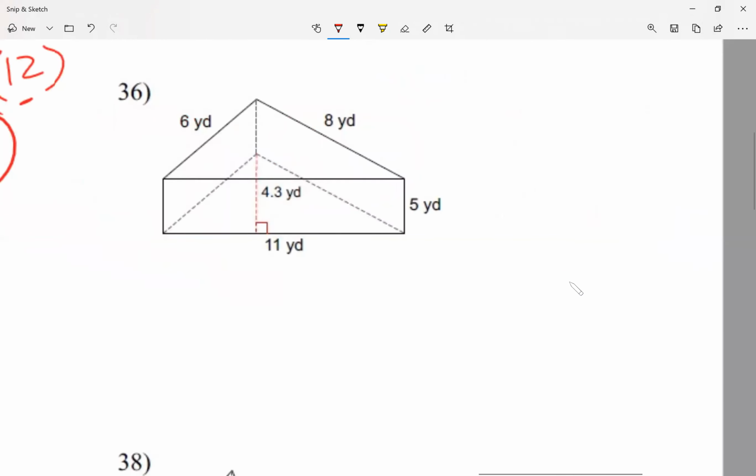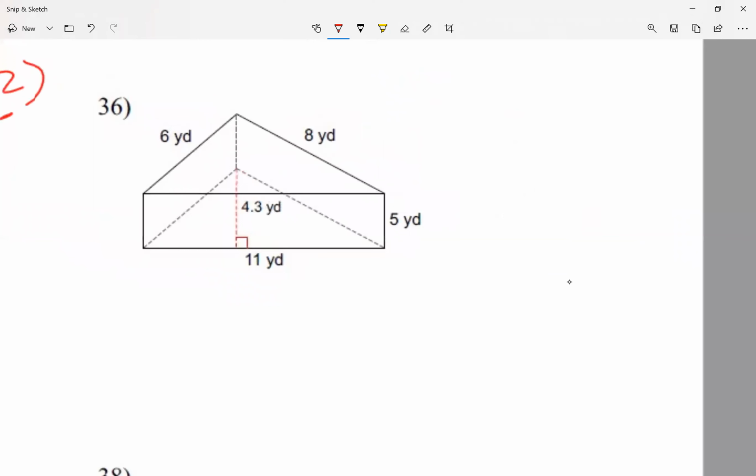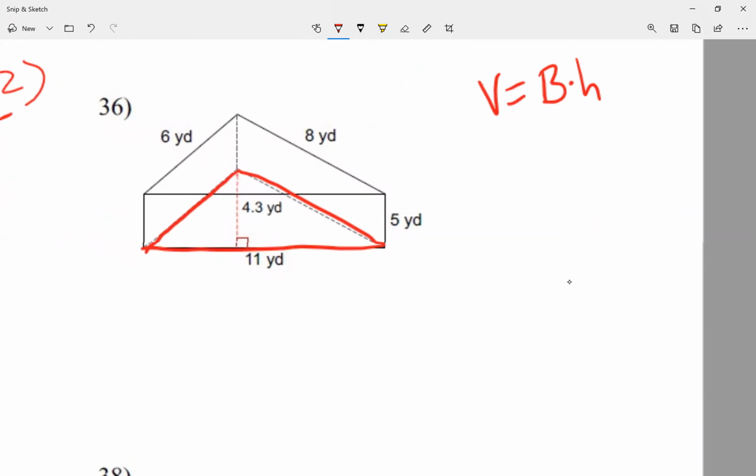Let's take a look at question number 36. The base in this case is a triangle. You can see it here. Let me emphasize, volume is the area of the base times the height. So the base is a triangle. Looking at that triangle, I will have to go 4.3 times 11 divided by 2.